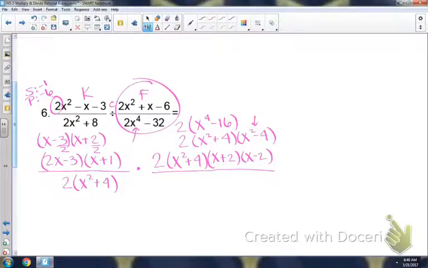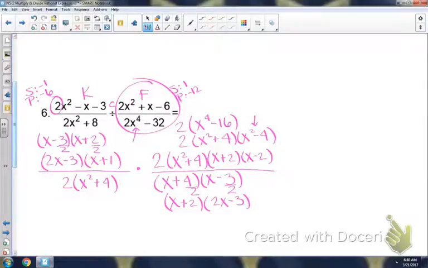My denominator is now, my sum is 1, product is negative 12. So that would be x plus 4, x minus 3, and then we're having to use the swing method. So that would be x plus 2 and 2x minus 3.